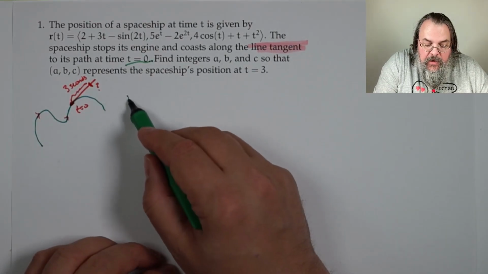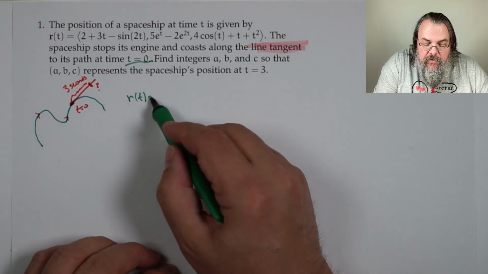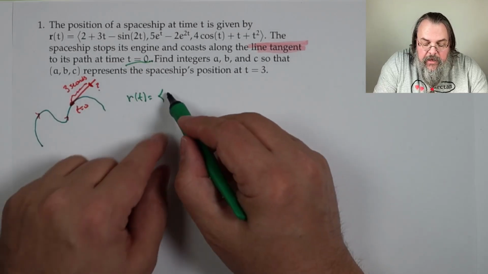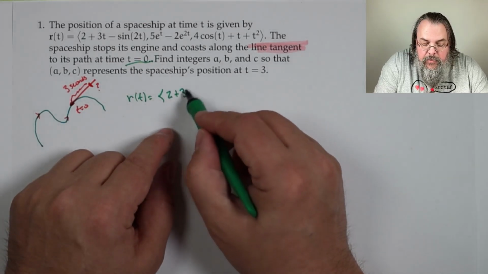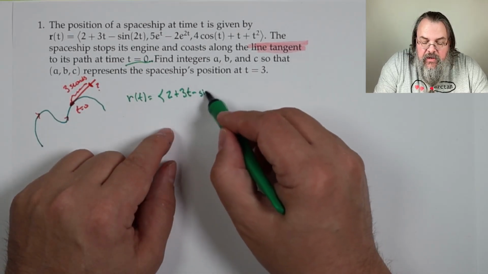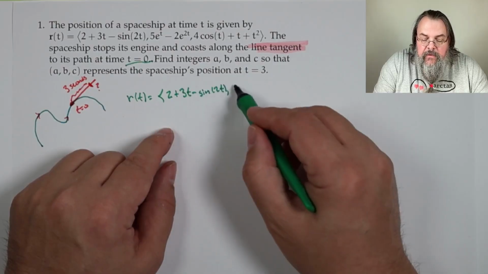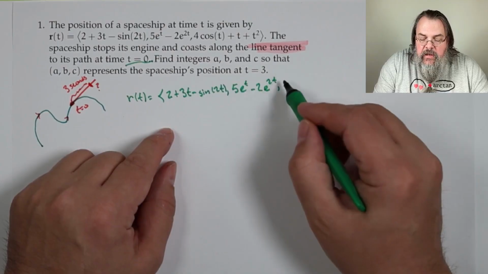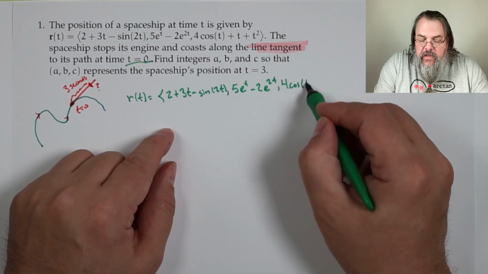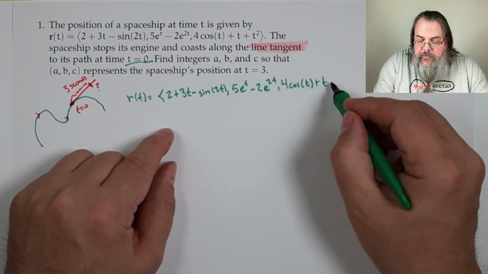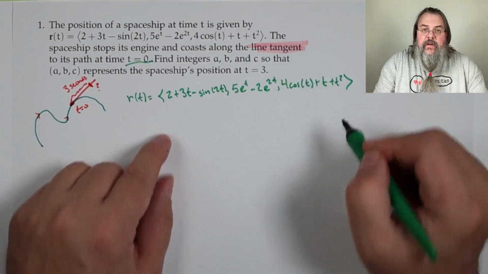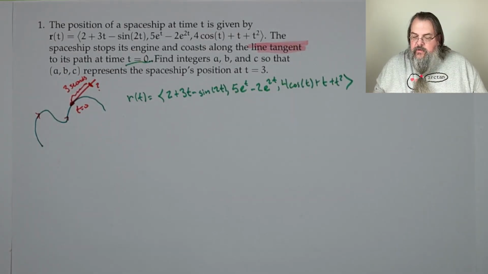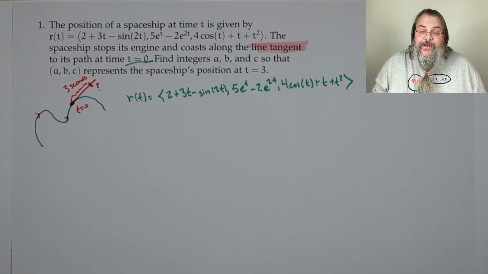I'm going to write down r of t again for reference, just because I want it right next to me when I take derivatives. 2 plus 3t minus sine of 2t, 5e to the t minus 2e to the 2t, and 4 cosine of t plus t squared. Okay, now term by term, take a derivative.